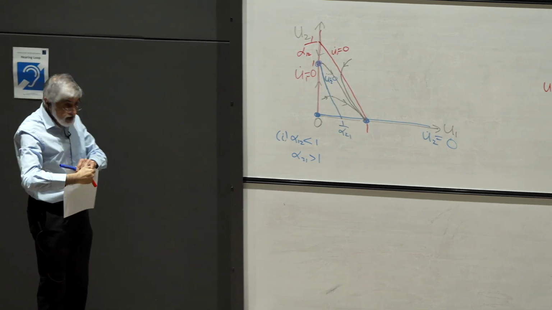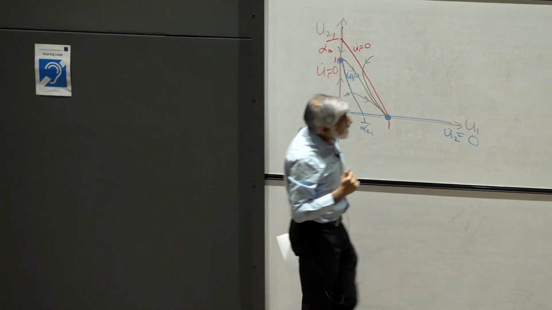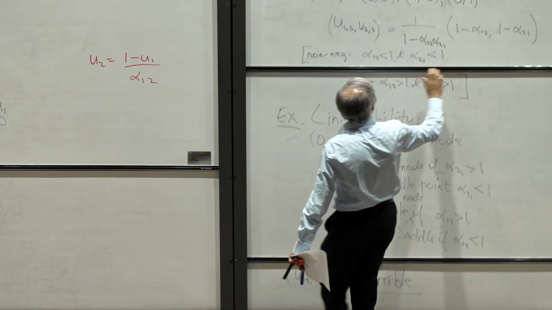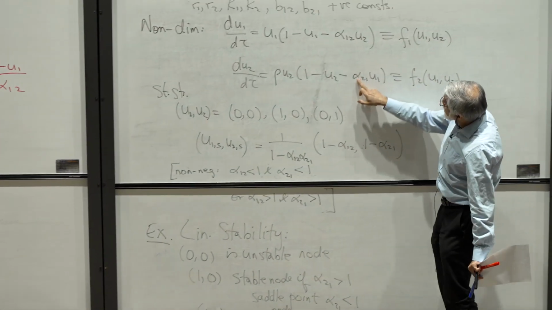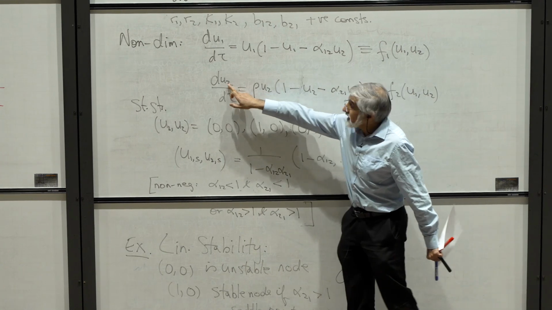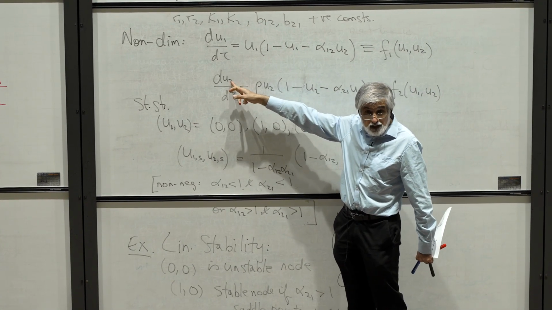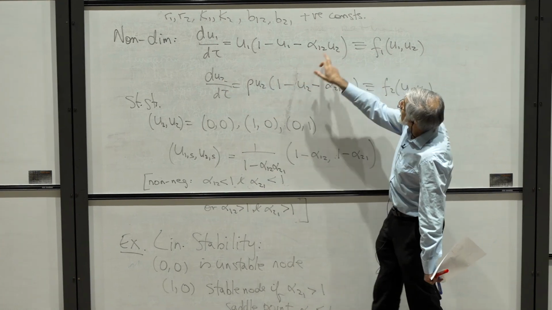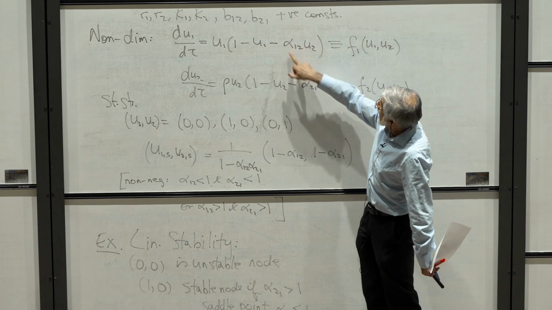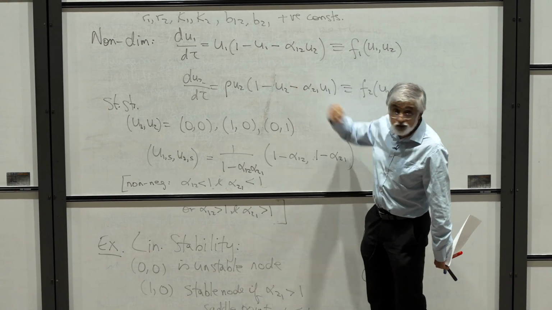So can we understand this biologically? Alpha 2,1 is big, alpha 1,2 is small. Alpha 2,1 is large, means U1 really goes for U2, really competes, makes life horrible for U2. Meanwhile, alpha 1,2 is less than 1, U2 is a bit kinder to U1.